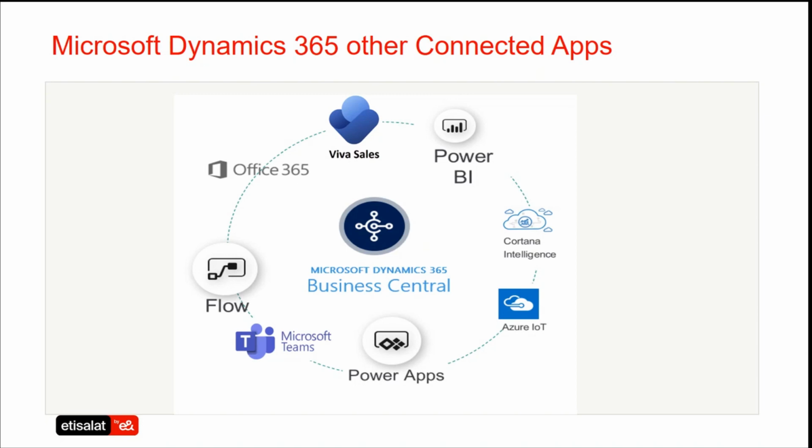For example, it might be your Office 365, or you might be using some Azure activities or Azure IoT in your organization, which you might integrate with Dynamics 365, or you may want to pull information from other applications into Dynamics 365 and have a record of it. With Dynamics 365 Business Central, you will be able to do that and collaborate with your colleagues with Microsoft Teams as well.